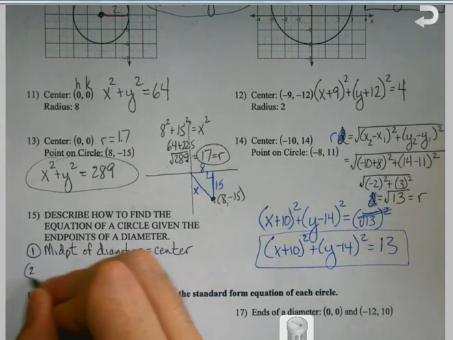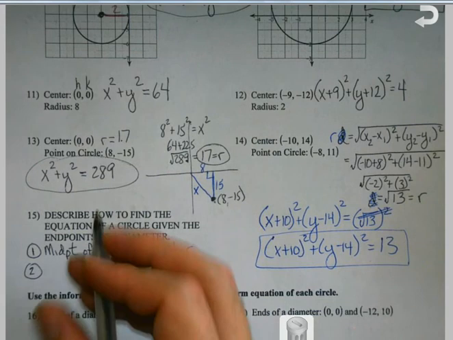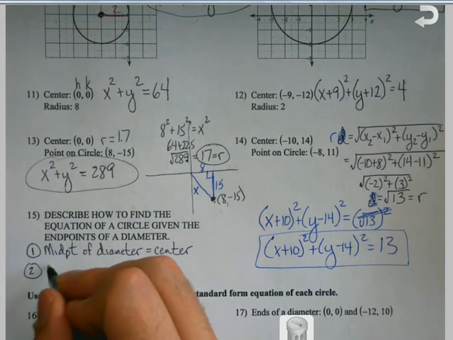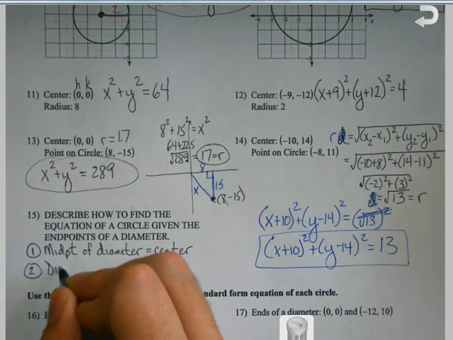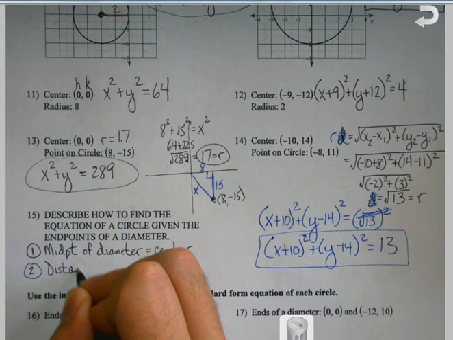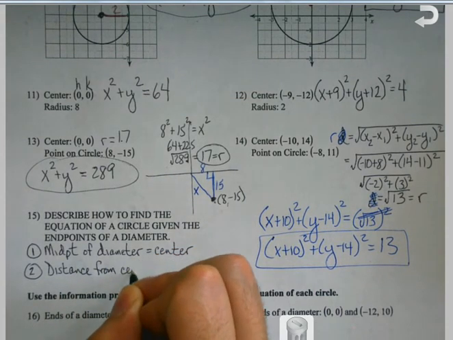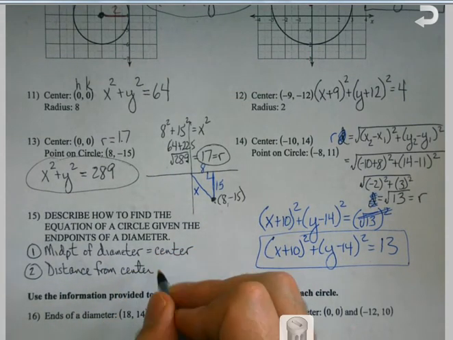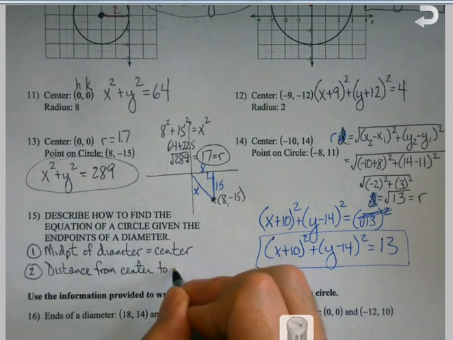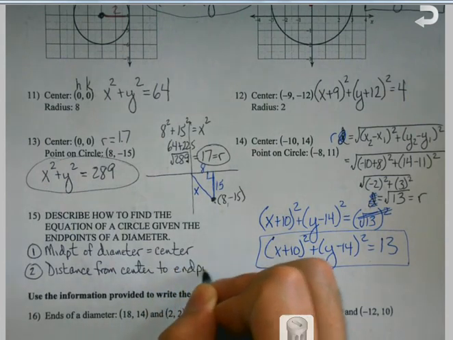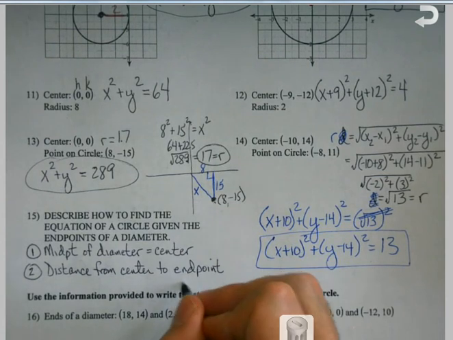And two, to find the radius, that would be the distance from the center to one of the endpoints.